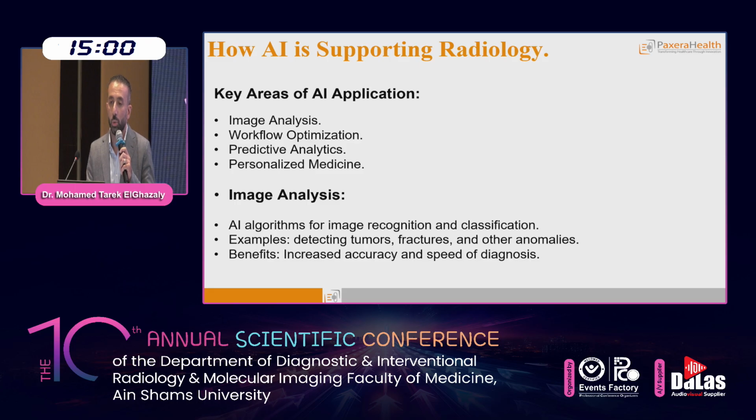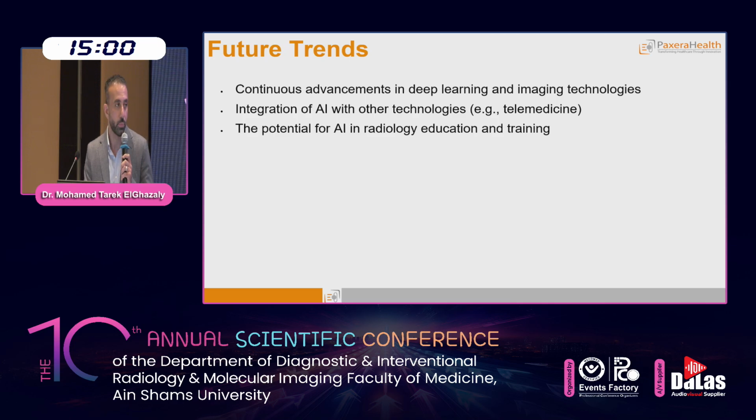And even if we personalize it in some parts of medicine, the image analysis depends on specific algorithms that take the image under classification. For example, if I detect some tumors or some abnormality, it drives me to the best diagnosis.